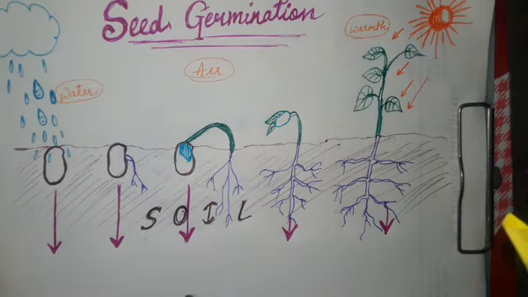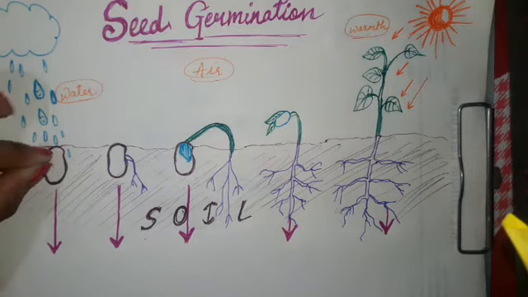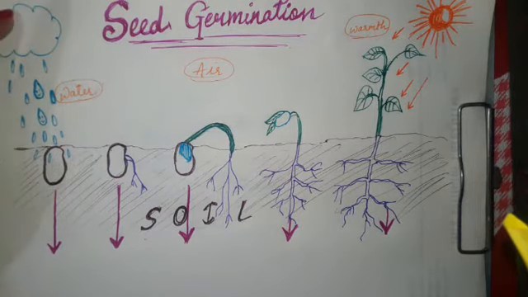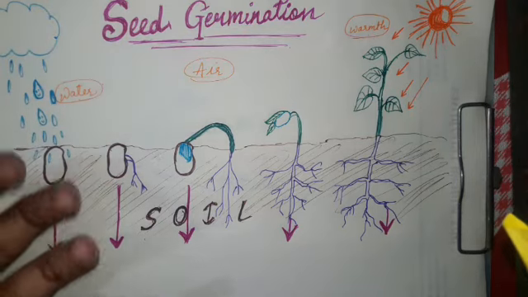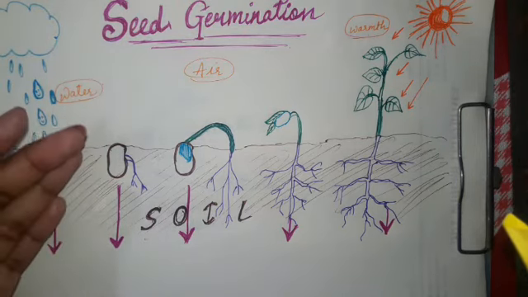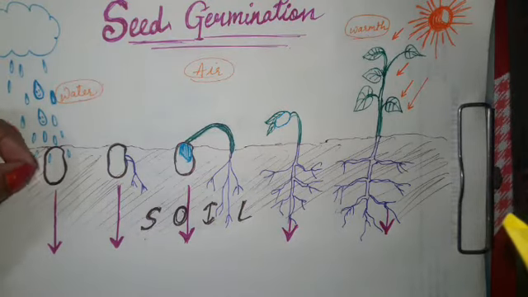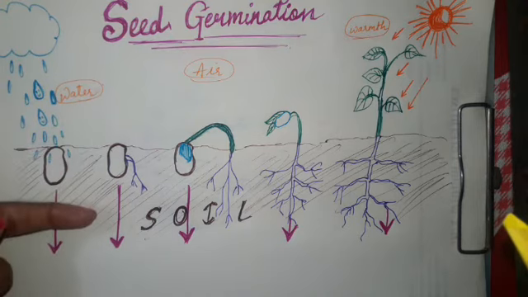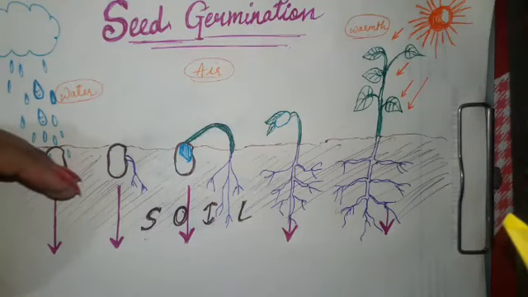Now what happens is that when the seed is buried inside the soil, due to rainfall or human activity, the soil gets moist because of the addition of water. After that, the soil becomes wet. Now how does the soil become wet? Due to rainfall, or by adding water with the help of manpower.